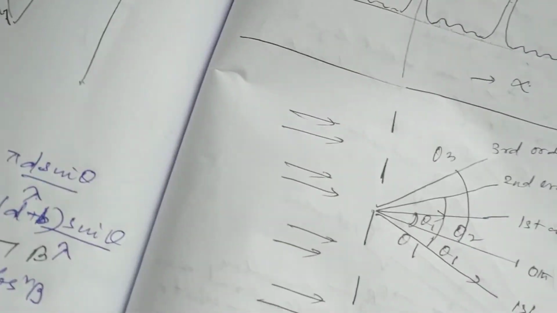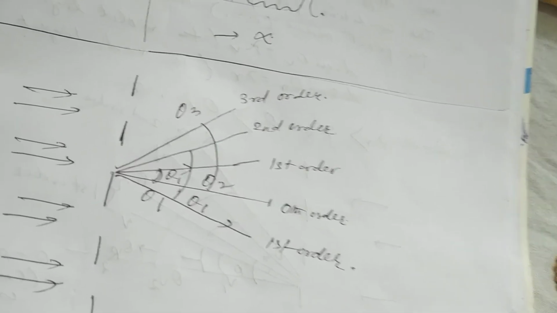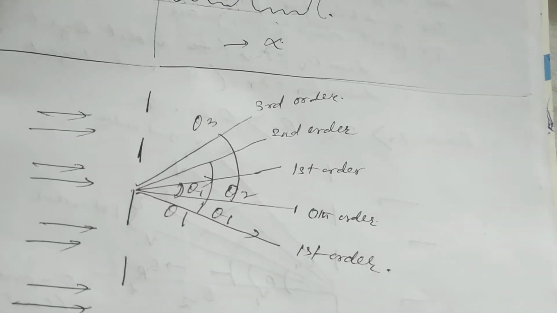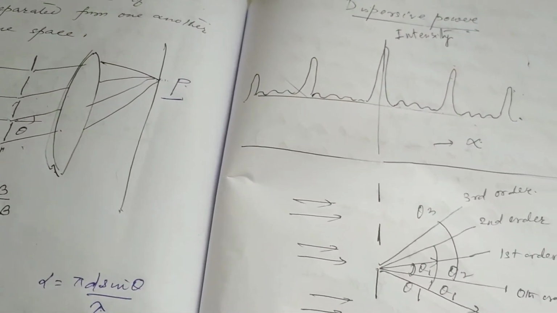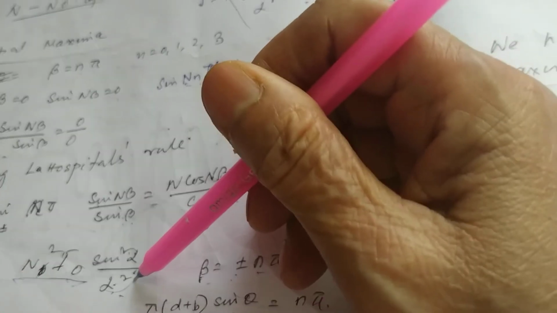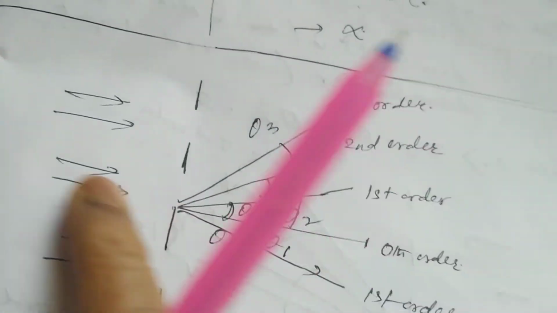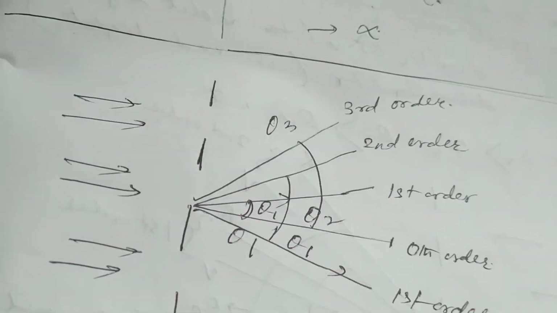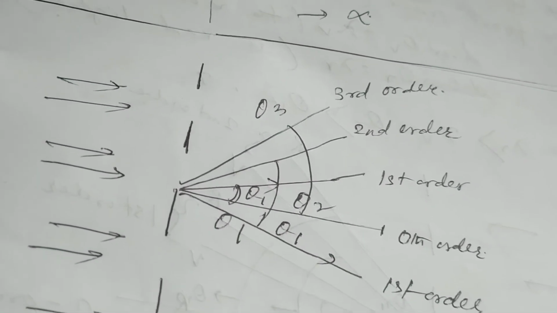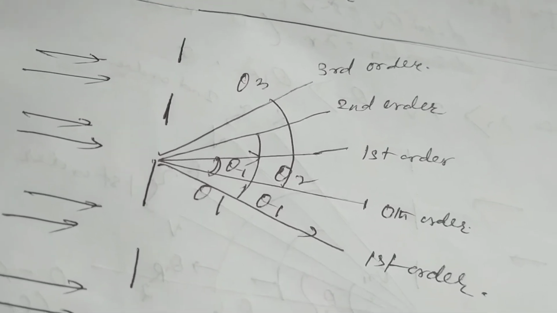Now we are coming to the dispersion or dispersive power of a grating. So far I have considered only monochromatic light, that there is only one value of lambda in the source. Suppose white light is incident on it. White light consists of 7 monochromatic lights, and they have different wavelengths.